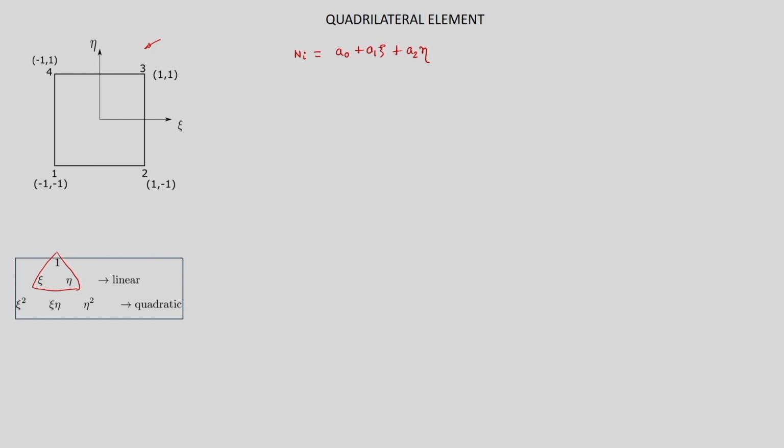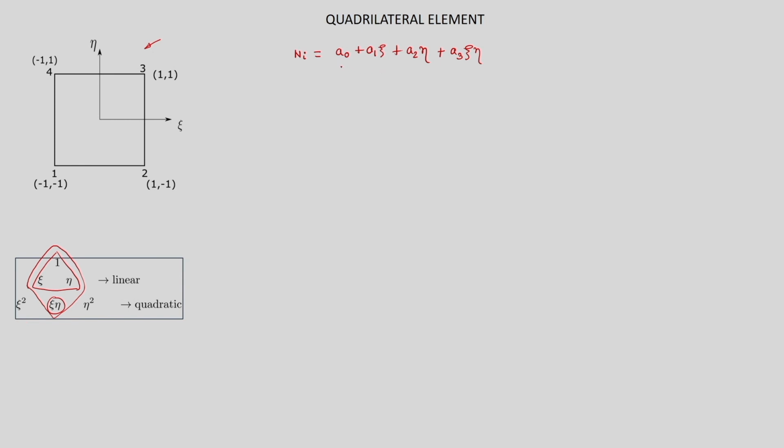But in this case we have 4 corner points. So to make the unknowns equal to the number of constants, in addition to this we will add the xi eta term.